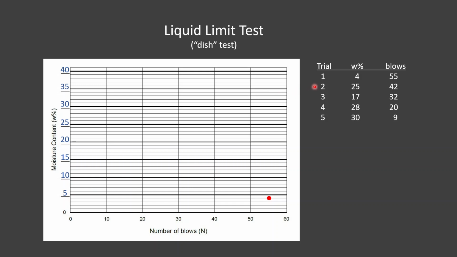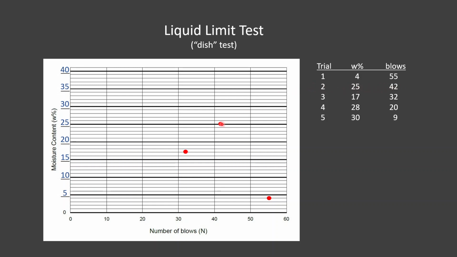You want to have at least 5 so that you've got enough redundancy or ability to throw out a bad outlier or data point if you happen to have a data point that just doesn't look good. So if we've added a little bit of moisture, it takes fewer cranks, so 42 blows at 25% moisture content would plot us here.